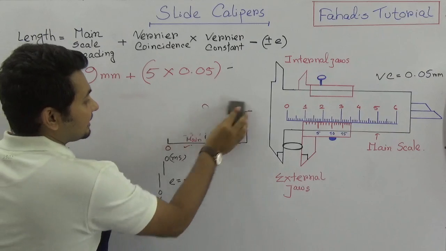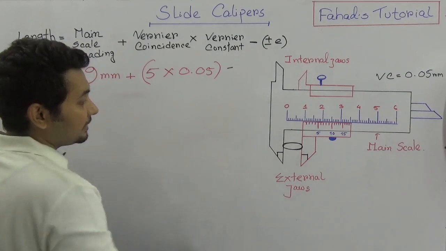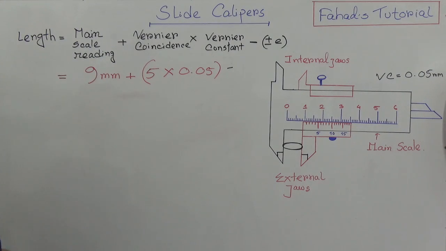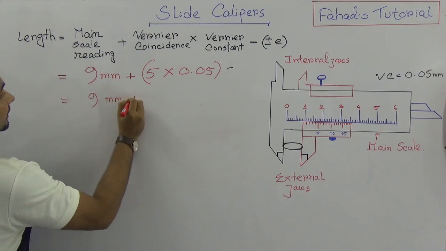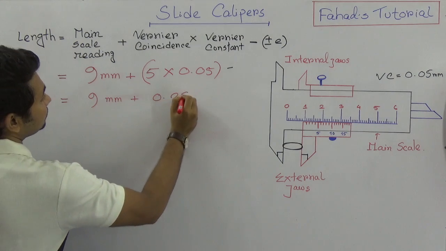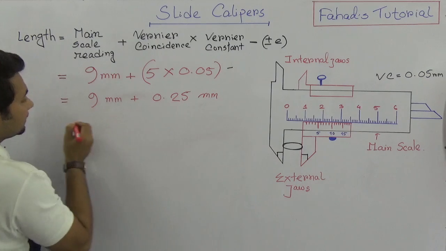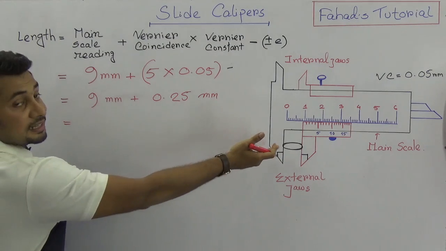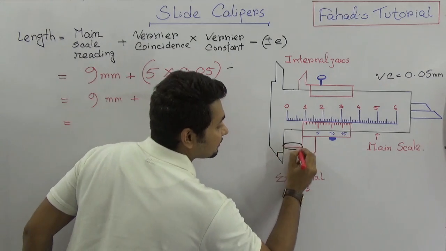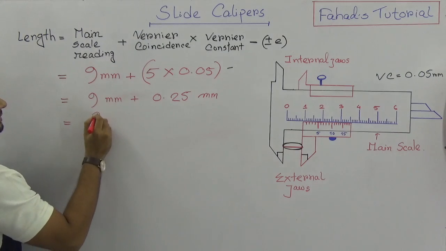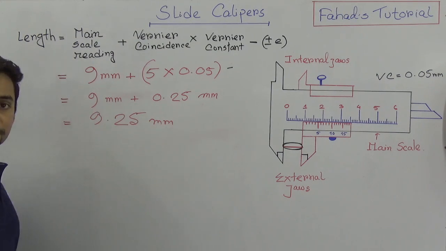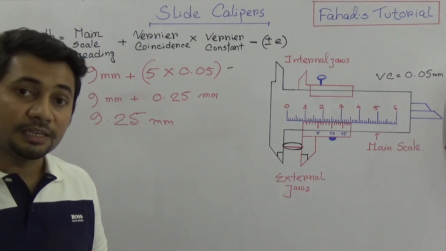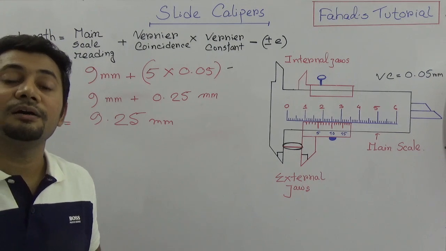So usually we can say this is 9 millimeter and this is 0.25 millimeter, and we get that the length or the diameter of this plus thing is 9.25 millimeter.